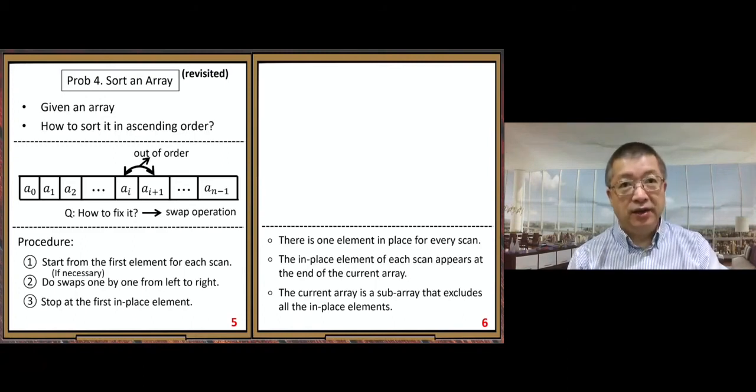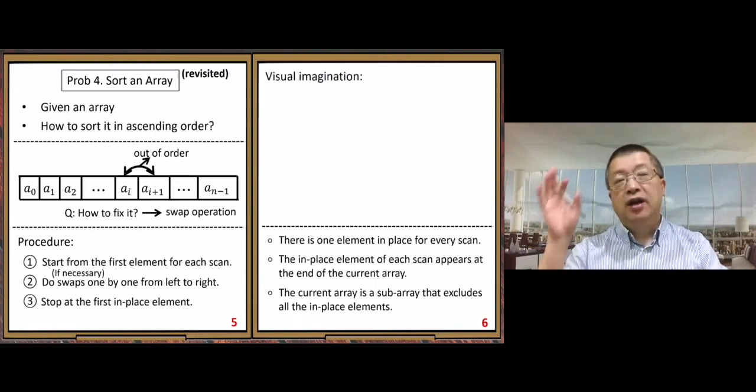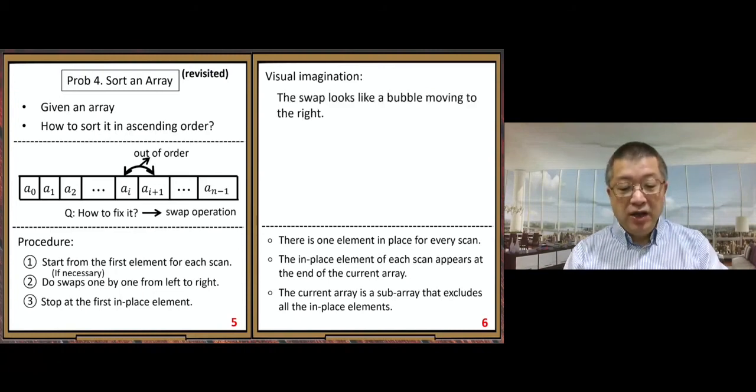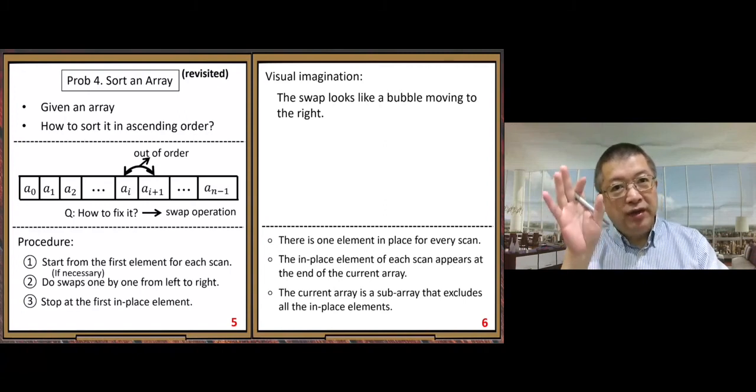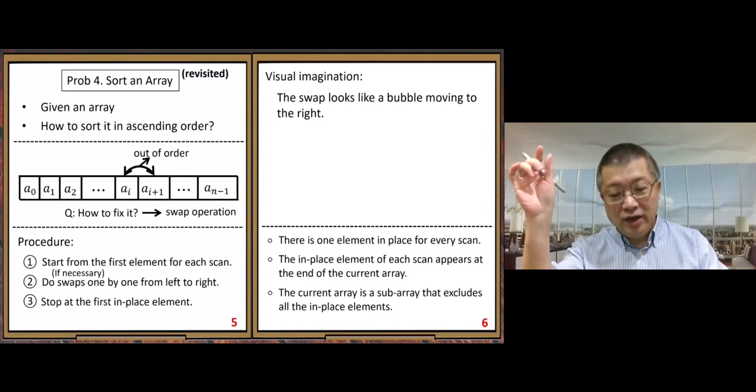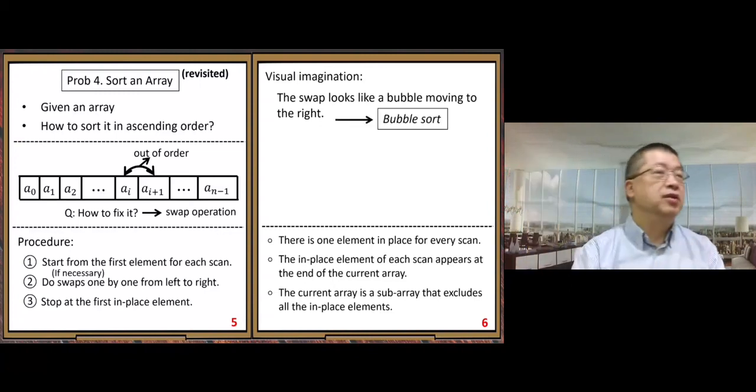Finally, let's summarize several points of the solution. Visual imagination: the swap looks like a bubble moving to the right, from left to right. For that reason, we call it bubble sort.